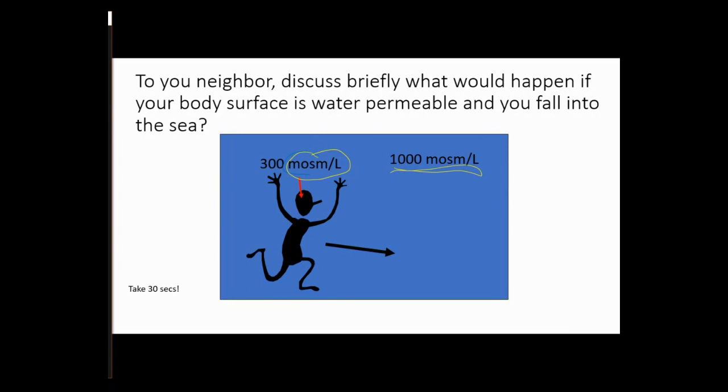So if I take an organism that's at 300 and just drop it into the ocean that's at 1,000, what is likely going to happen?